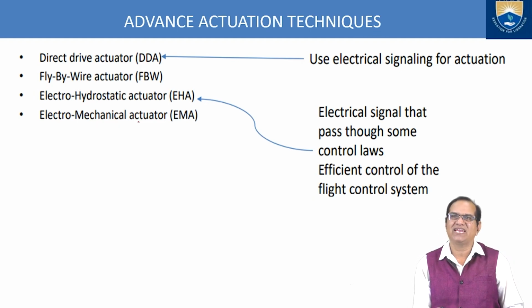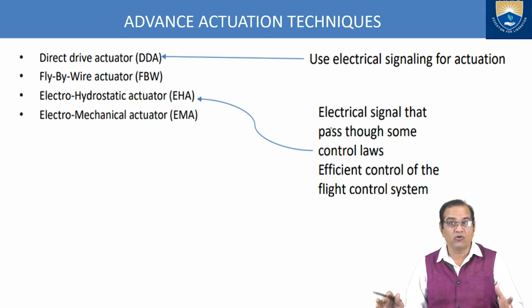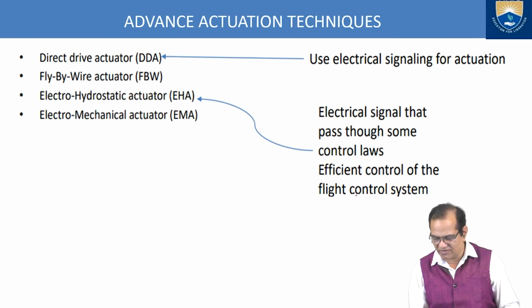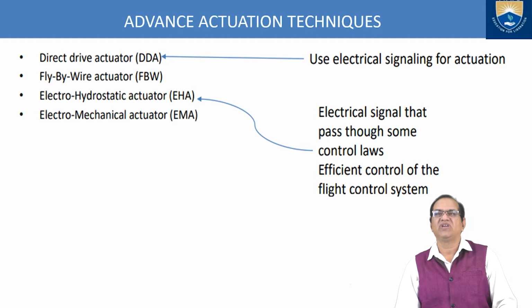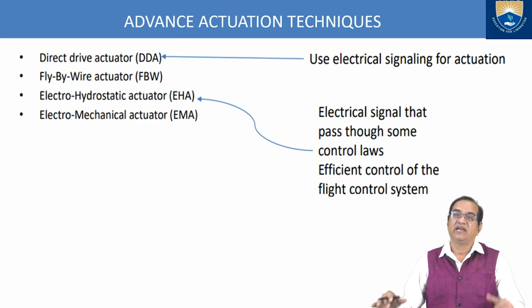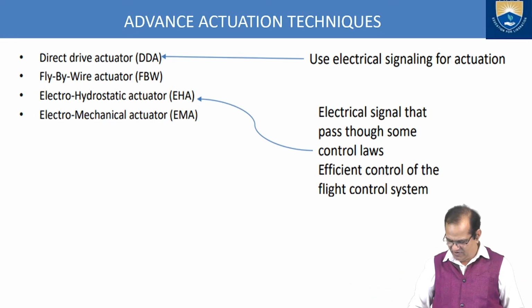Then the electromechanical actuator, EMA, is also used. So electro-hydrostatic and electromechanical actuators use control laws for efficient control of the flight control systems. We have to understand that advanced aircraft nowadays are equipped with such types of systems.